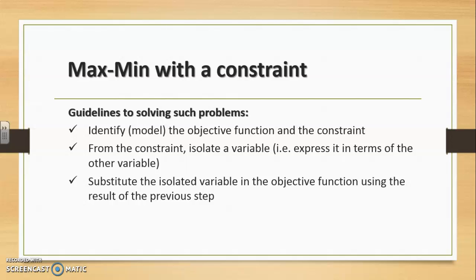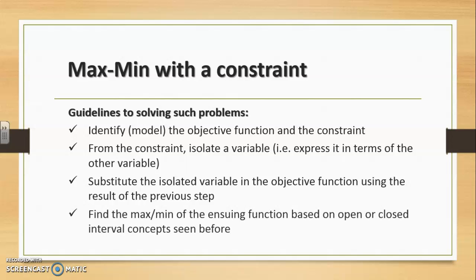Substitute the isolated variable in the objective function using the result of the previous step. And finally, we will find max and min of the function based on steps that we described a little bit earlier on open or on closed intervals.